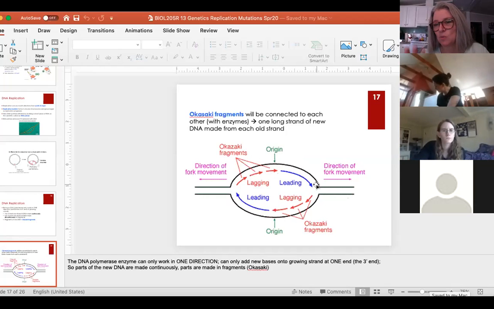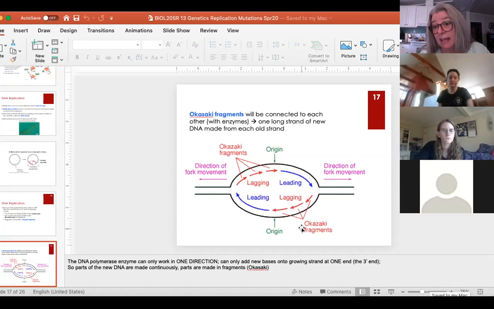Part of it gets made as one long piece, part of it gets made in fragments. On the opposite strand, we're making it in the other direction because the strands are anti-parallel. Part of it is being made continuously, leading strand synthesis. Part of it is being made in fragments, lagging strand synthesis. Just something to know about replication.